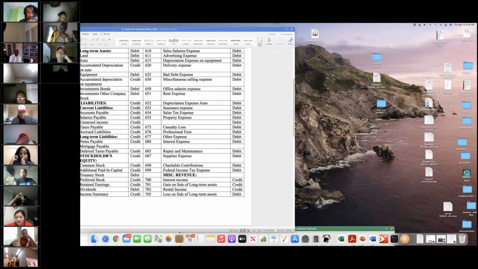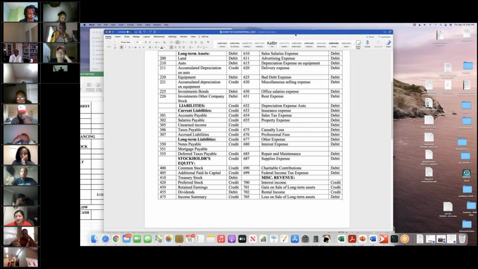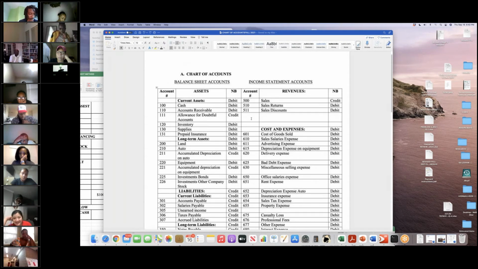Going to my screen. Excuse me. If you have a current asset, 1 to 131, you go in operations, and you treat it just like receivables or inventory. If you got another one, it's in operations.